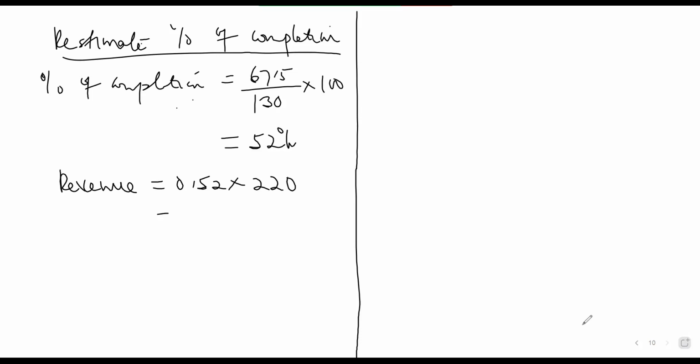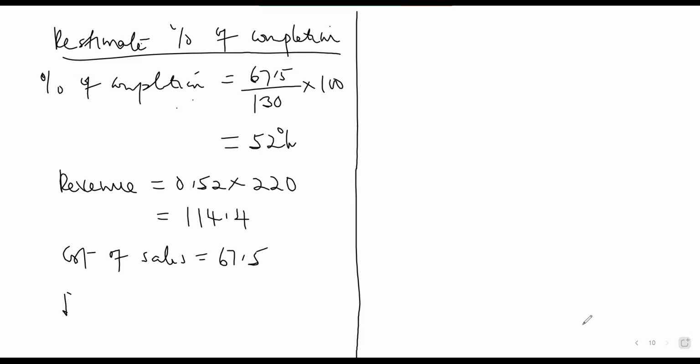How much are we having? 114.4. Let's now look at our cost. What will be our cost of sales now? Our cost of sales will still be the 67.5 because we are using the input method.